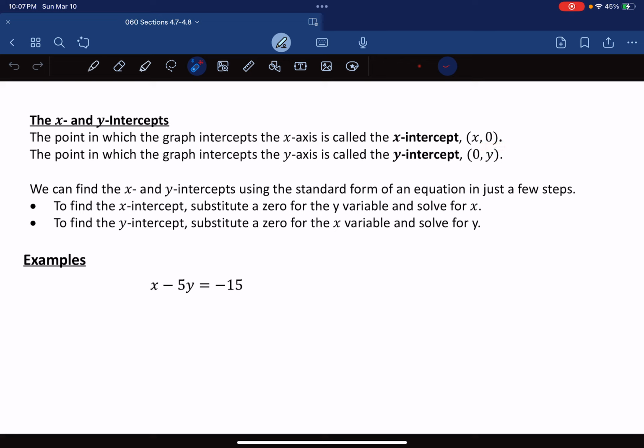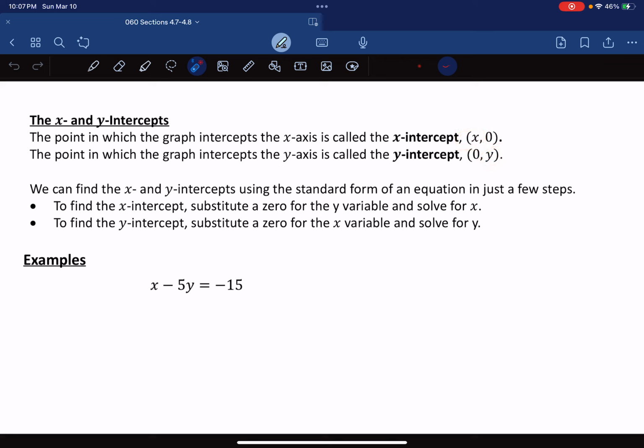And the point in which the graph intersects the y-axis is called the y-intercept. Its point has the x-coordinate being 0 and the y-coordinate being whatever the y value is in which it intersects.